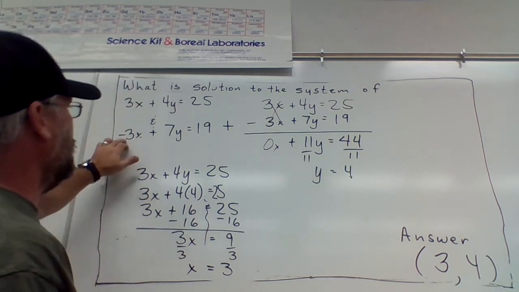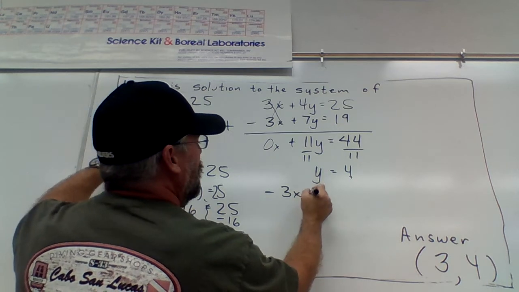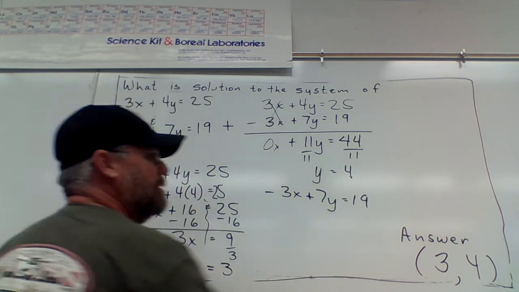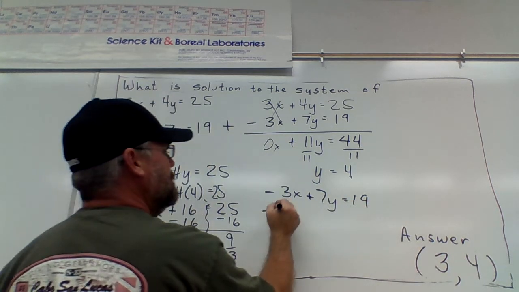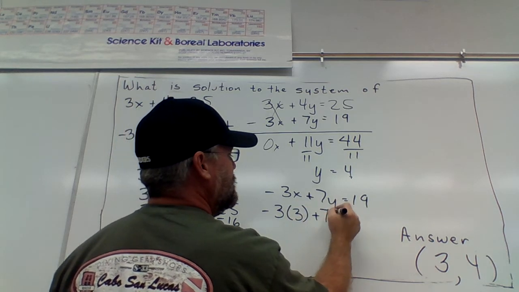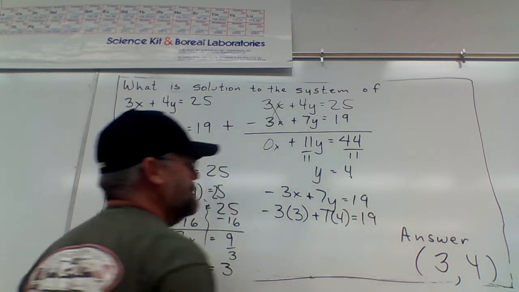So let's go back here. Negative 3x plus 7y equals 19. Plug in my 3 for x, plug in my 4 for y. So negative 3 times 3 plus 7 times 4, does that equal 19?